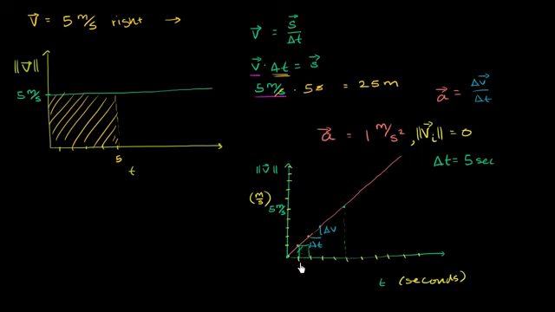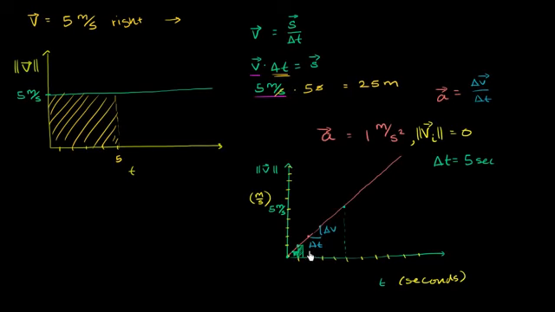I could split up the rectangles even more. So maybe I go every half second. So on this half second, I was going at this velocity, and I go at that velocity for a half second. Velocity times the time will give me the displacement. And then I do it for the next half second. Same exact idea here. Give me the displacement. So on and so forth.